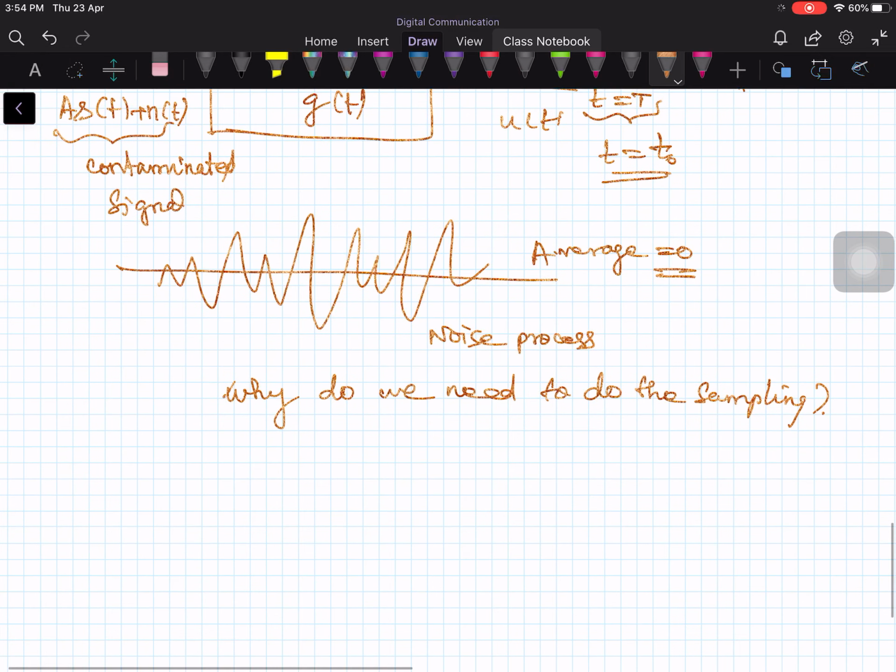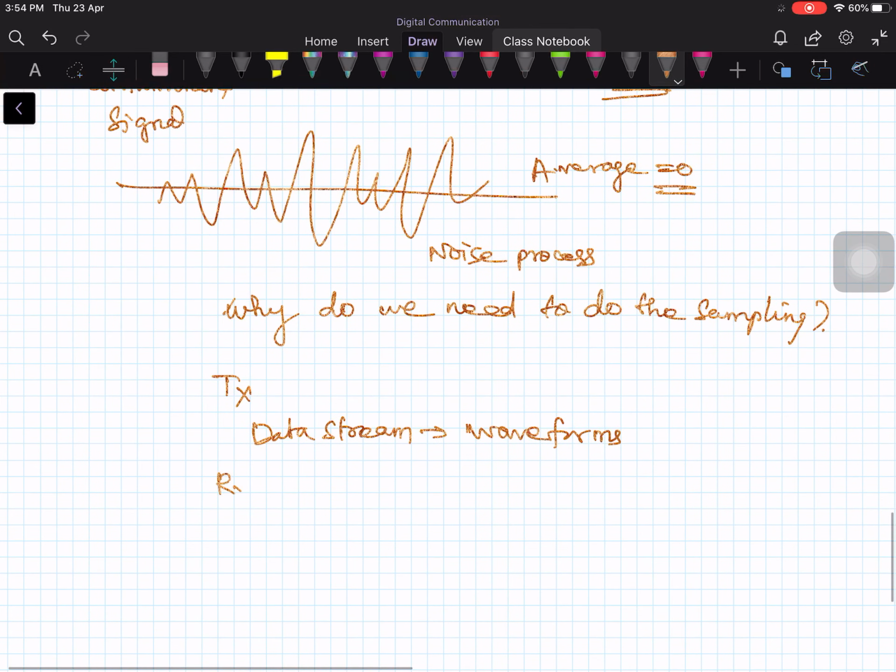Why? In the transmitter part, we are mapping the data stream to pre-decided waveforms. In the receiver, what we do is map received waveforms to data. So in order to get the data, we need to do the sampling. Okay, so that is the purpose of the sampling.